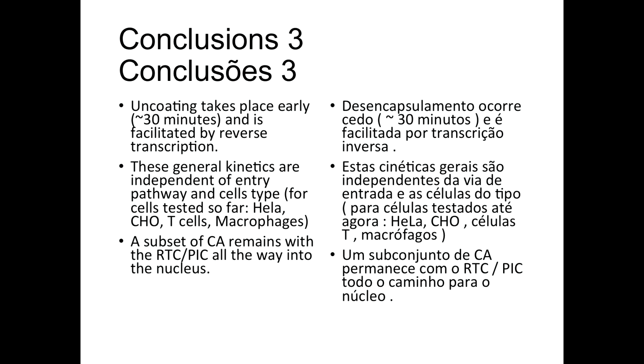And then, I didn't have time to show you this data, but a little bit of capsid remains with the structure to explain these later events that drive these alternative models, where the determinants in the capsid can influence the integration site, being a big example. So basically, we come back to our model.